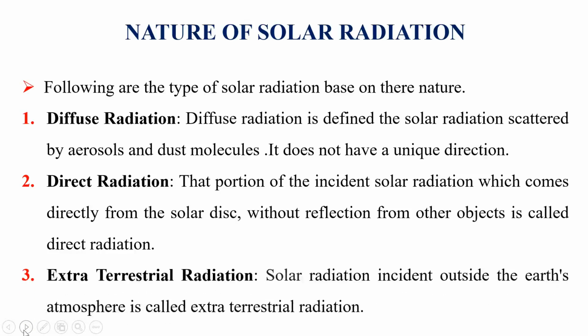And the third type is extraterrestrial radiation. The solar radiation incident on the outside of the Earth's atmosphere is called extraterrestrial radiation.